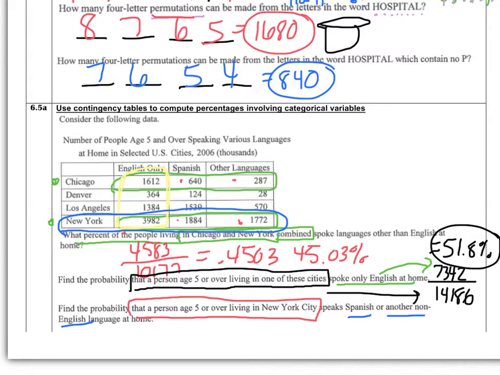So from there, I want this value and this value on the top. When we do that, we will get that there are 7,638 people in New York. Those that do not speak English are 3,656, which gives us about a 0.47866 chance that we randomly select someone that speaks Spanish or another language in New York.